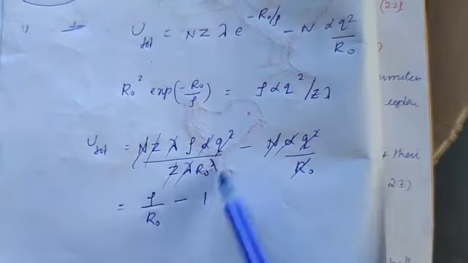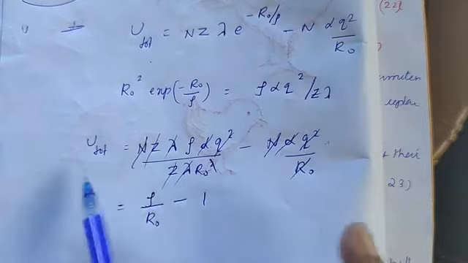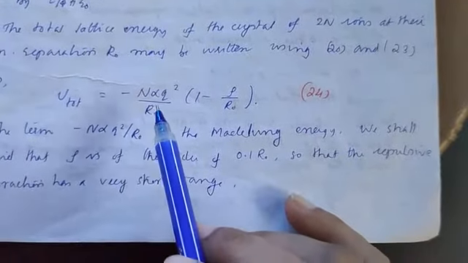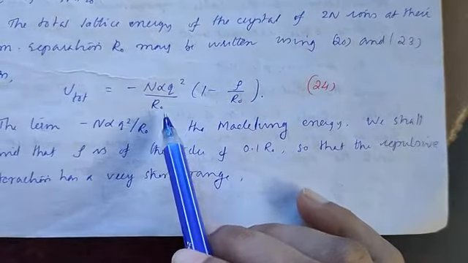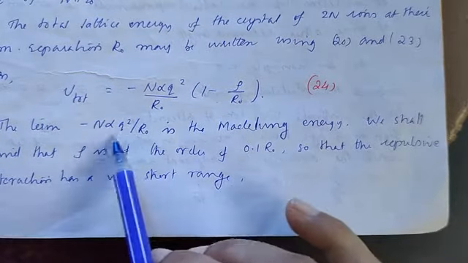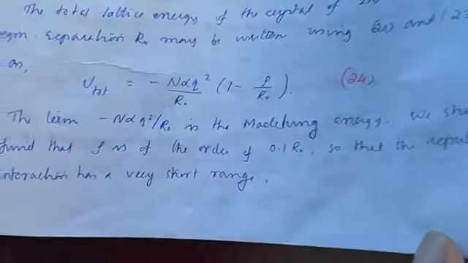We cannot cancel out this like this. We are taking the common term outside the bracket, and we remain with this term: minus N alpha Q square by R0 into 1 minus rho by R0. The term minus N alpha Q square by R0 is the Madelung energy.